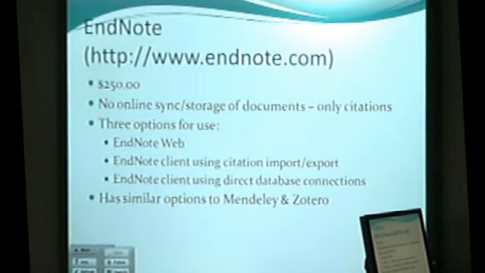The problem is that it's incredibly complicated to set up, and usually it would take you less time to do the searching yourself and manually create the bibliography than it would to get this configured correctly. And you have to do it for each and every database. So no thanks. So that's EndNote, in case you would like to spend $250 on something.